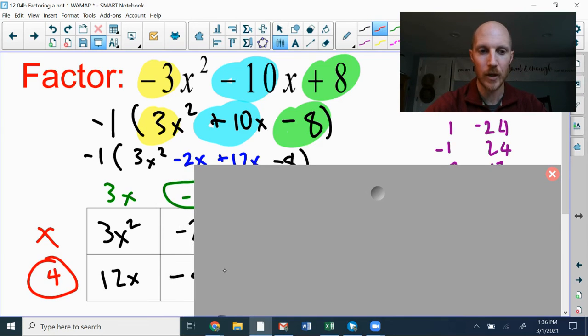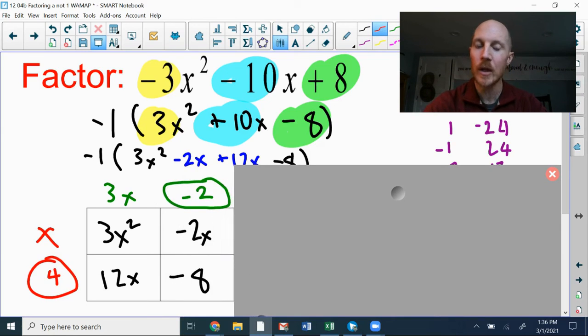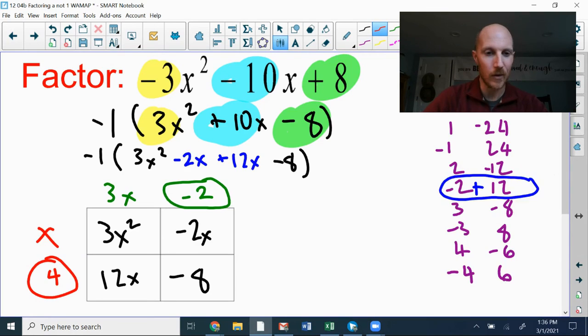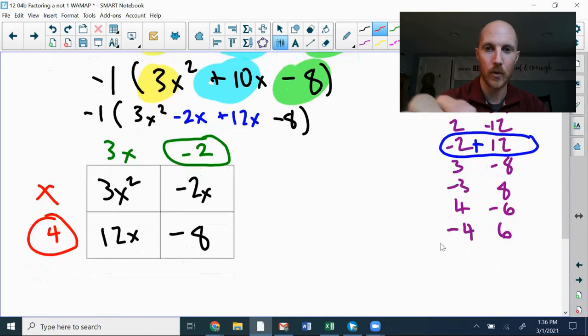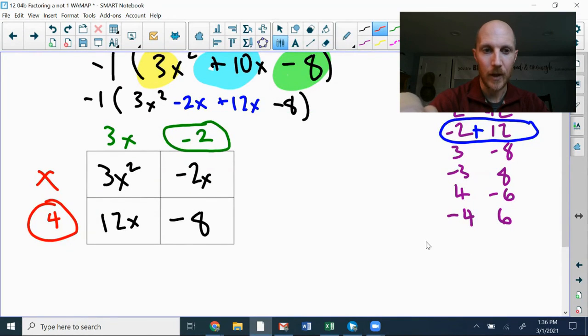Lastly, let's just double check. Those two circled numbers should multiply to give me that bottom right-hand corner. The red +4, the green -2. If I multiply them, I do get -8. I always like to double check just to make sure I didn't make a mistake someplace. So there are all my factors worked out.